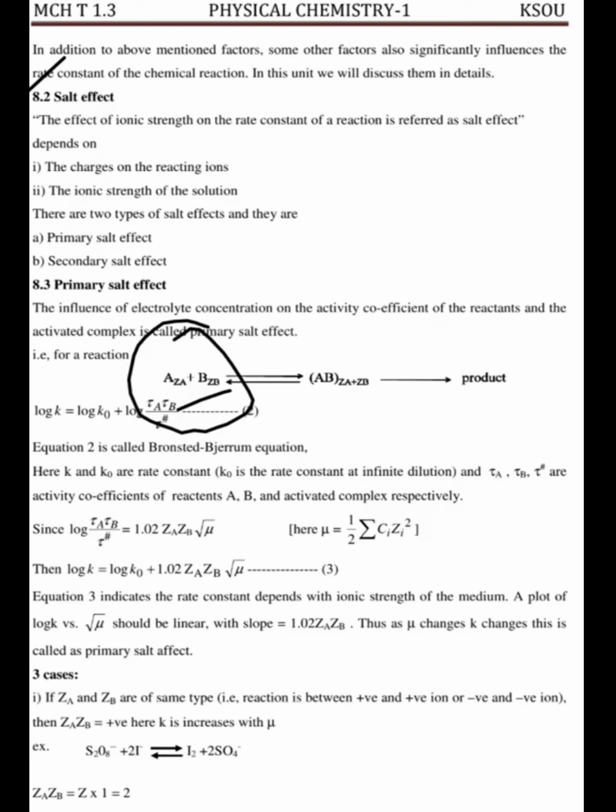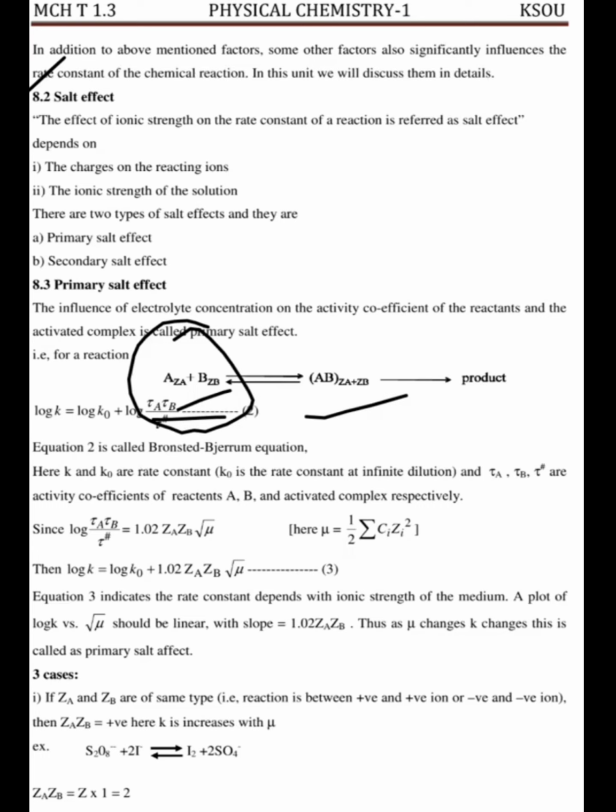Whatever the ionic strength we are going to calculate, we take the number of ions present in each molecule. So the number of charges present in each molecule, ZA and ZB, represent the charges of the reactants. When it further forms the intermediate, that is AB with charge ZA plus ZB.